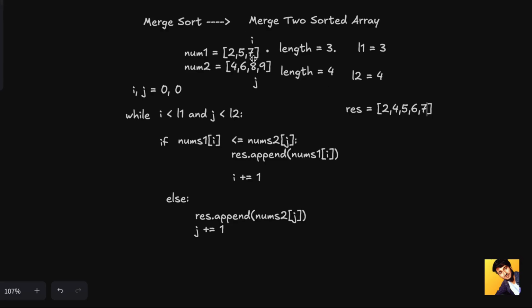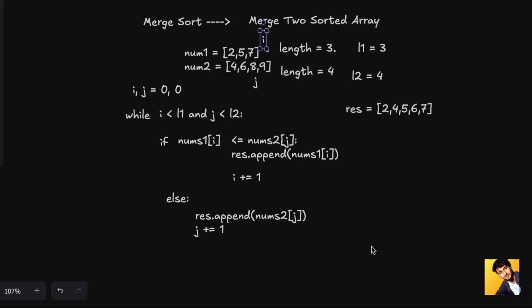Okay, now we are incrementing this one. Then what we will get? It is 3. Then it is already processed. Then this loop will stop.